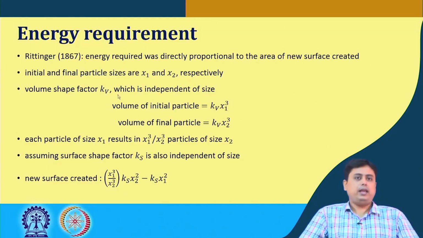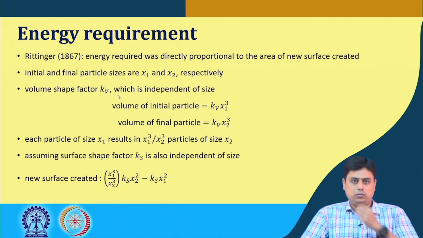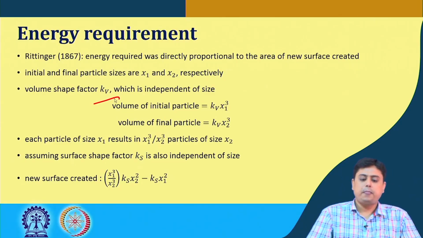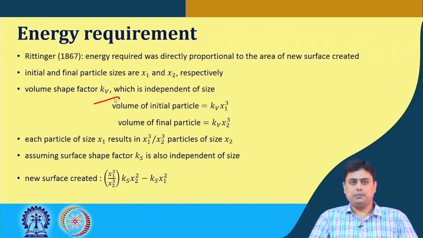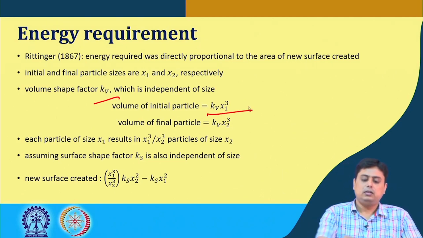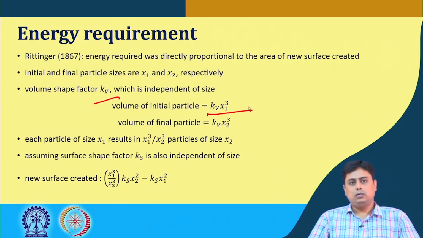That means, say, we have initial and final particle sizes of x1 and x2. The volume shape factor is Kv, which is independent of size, we assume, and it is a logical assumption. So, the volume of the initial particle is Kv x1 cube and the volume of the final particle is Kv x2 cube.